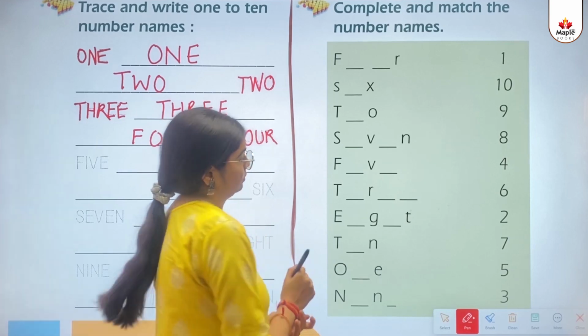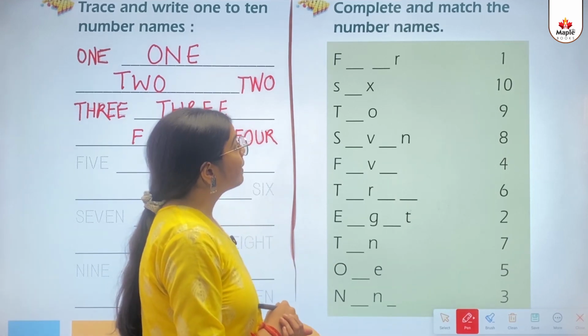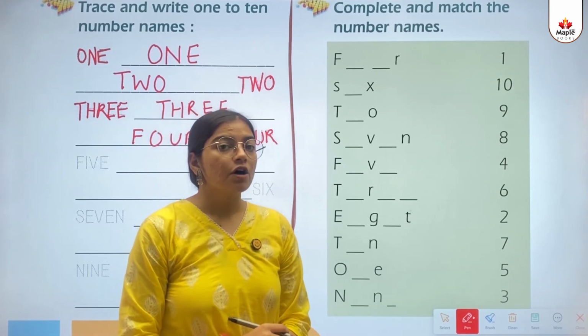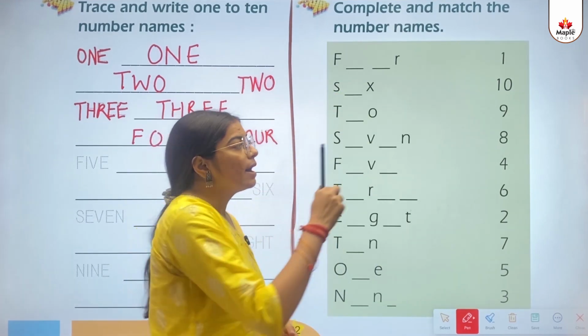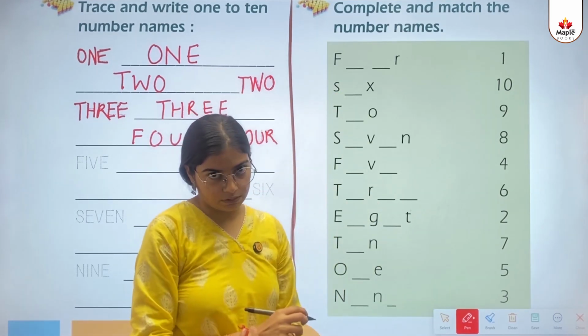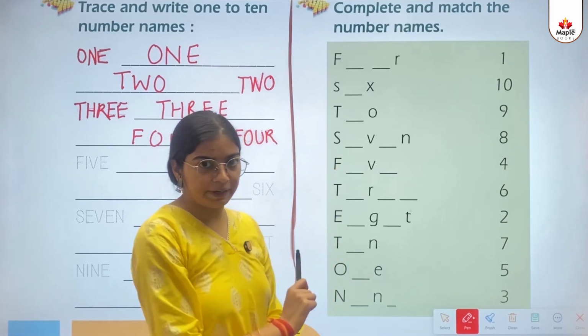Then, in this part of the question, we can see what is written here. I'll read the question. Complete and match the number names. First, we need to complete these number names and match them with the respective ones. So, first we will complete this.